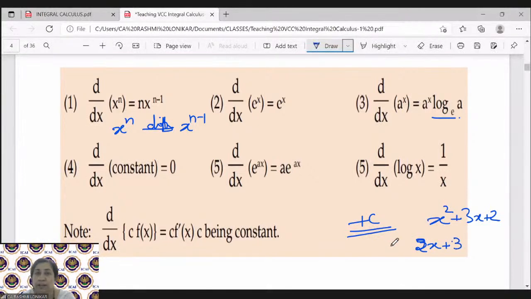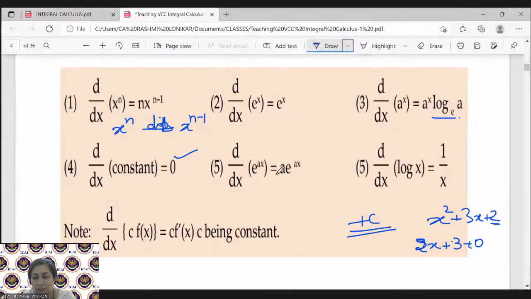But when I integrate this, because the differentiation of 2 is 0, I have to use plus c in my integration formula. So you appreciate this c in my integration. When I differentiate, I will not have the figure 2 here, because the derivative of a constant is 0. When I want to integrate this, I should be able to get the original f(x), and so I add plus c.